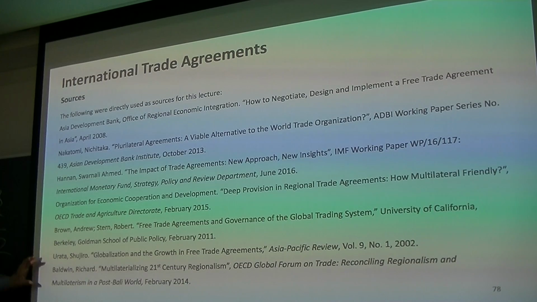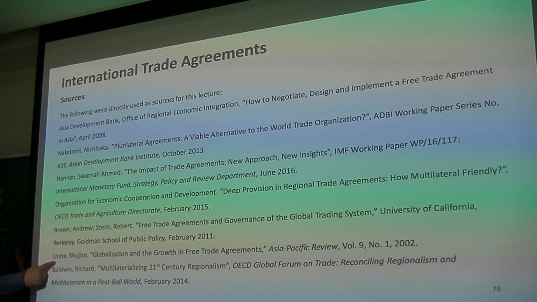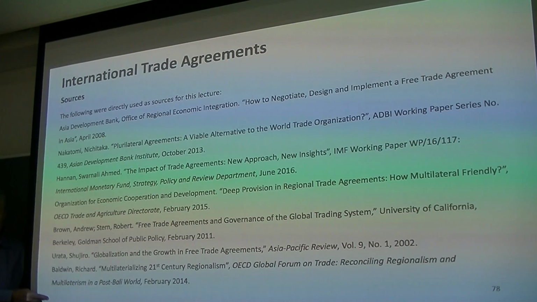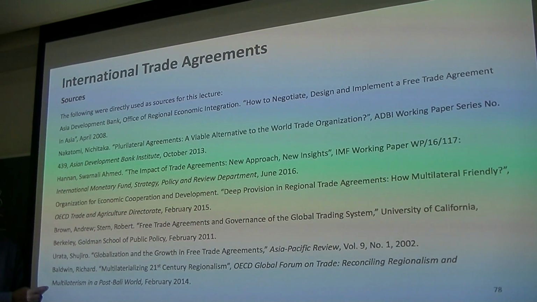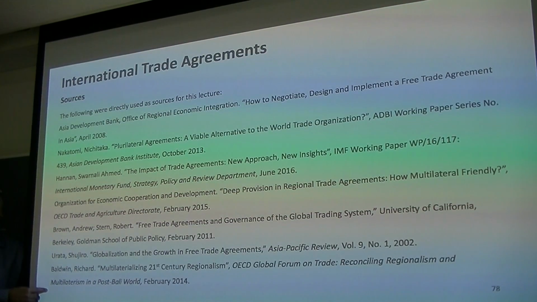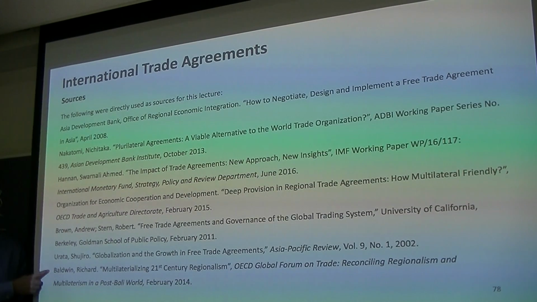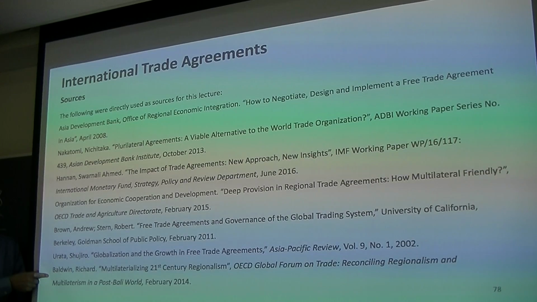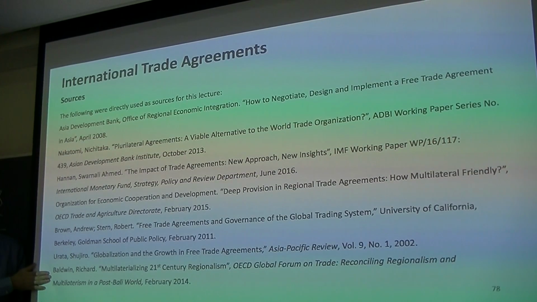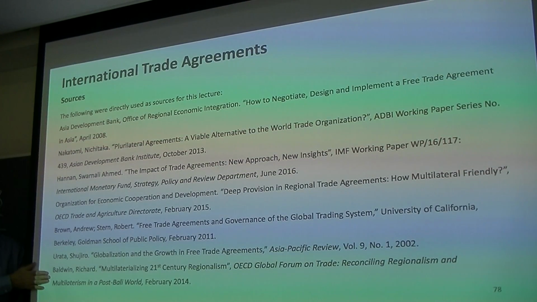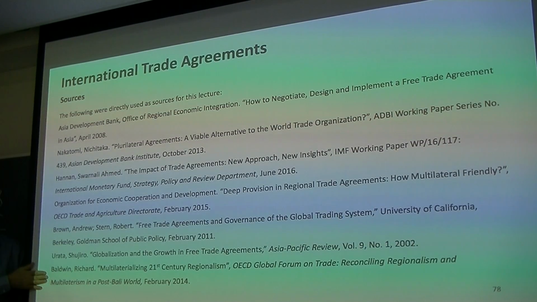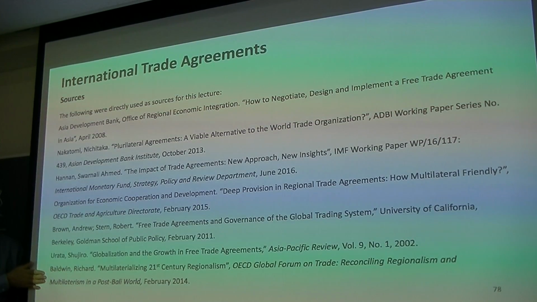As I say, this is your conventional view by what you might call the global elite of multilateralism, of multilateral free trade agreements, and the organization of production.